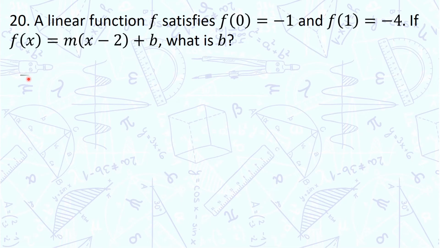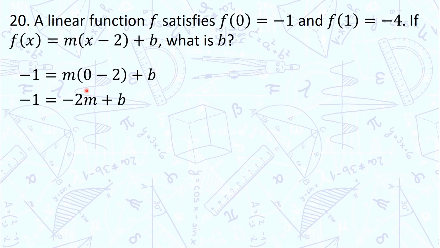If f of 0 is equal to negative 1, then f of x is negative 1 when x is equal to 0. So we have negative 1 is equal to m times the quantity 0 minus 2 plus b. From this equation, we have negative 1, 0 minus 2 is negative 2 times m, negative 2m plus b.